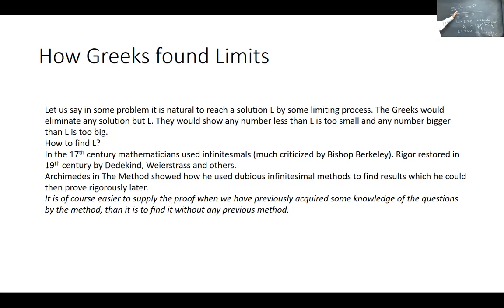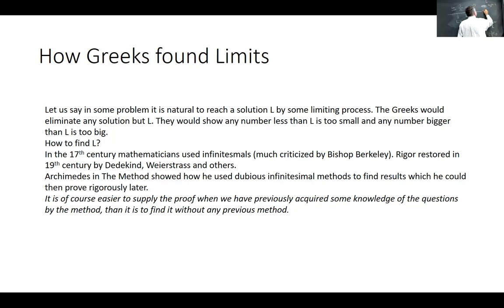Okay? So instead of completing it towards going to infinity, you do what's called a double reductio ad absurdum argument, where you want the answer to be L. You assume the answer is less than L, you get a contradiction.